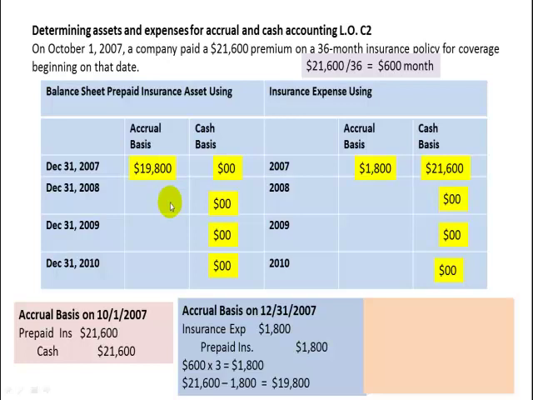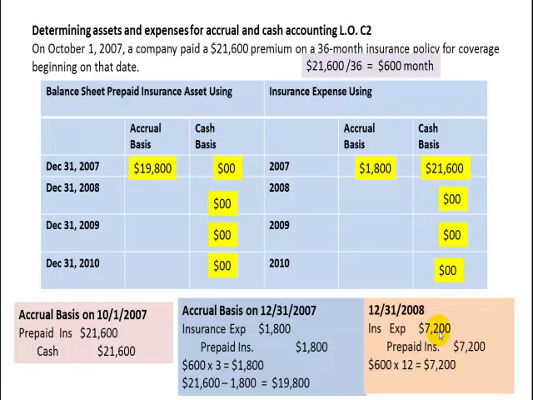Let's go on to 2008. For the whole year we have insurance expense that'll be used up. $600 a month times 12 months will be $7,200. We'll debit insurance expense and credit prepaid insurance for a full 12 months. The amount that's left will be the original $19,800 that we had at the end of 2007.